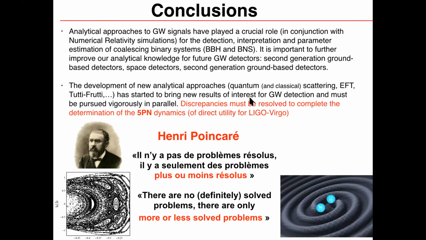And these discrepancies must be resolved because it would be very good to know the 5PN dynamics exactly. So just to say, like Henri Poincaré said, there are no problems which are definitely solved, and the GR binary problem is of this type. It is only more or less solved.